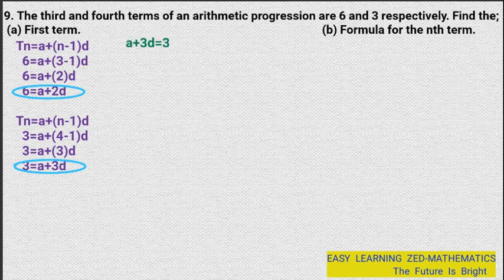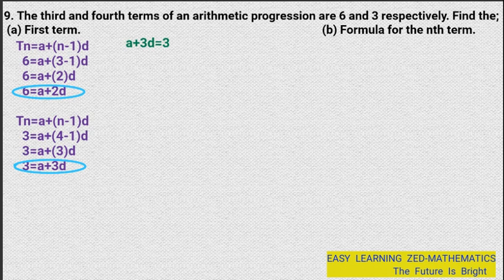I've started with the equation down, which is 3 is equal to a plus 3d. So now I've written a plus 3d is equal to 3. It has the same value. It's only that I have shifted the equal sign to the right side.